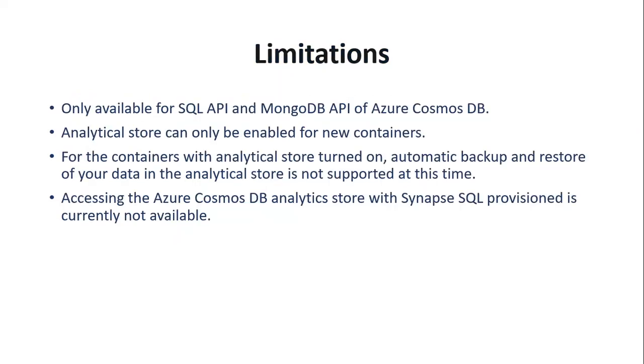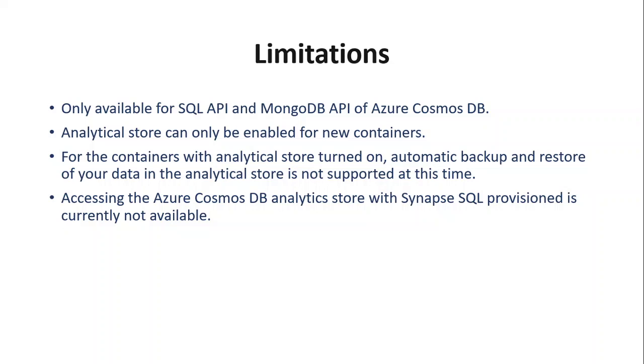There are some limitations with this approach. The first one is that it's only available for the SQL and MongoDB APIs of Azure Cosmos DB. It is not available for other APIs, for example, Cassandra or Graph. And the analytical store can be enabled only for new containers.